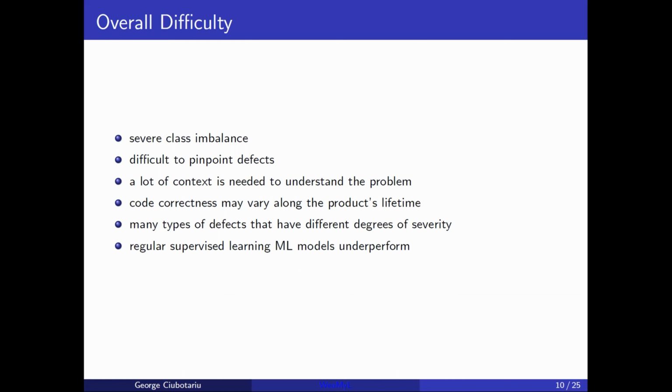I mean, to have defects, not bugs, but since we are looking for bugs in order to classify them, we don't have many samples to use in supervised machine learning models. This is the main cause why supervised models may underperform. And also, in order to properly understand the bugs, as we've seen there are a lot of types, we may need a lot of context of the software project that we have.